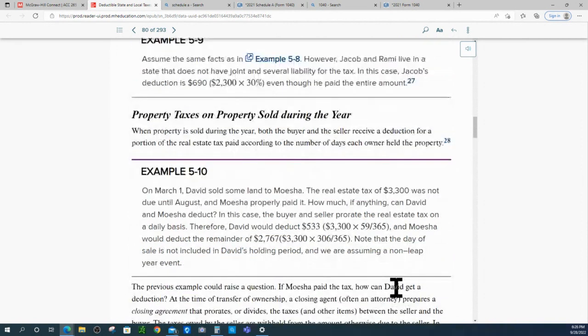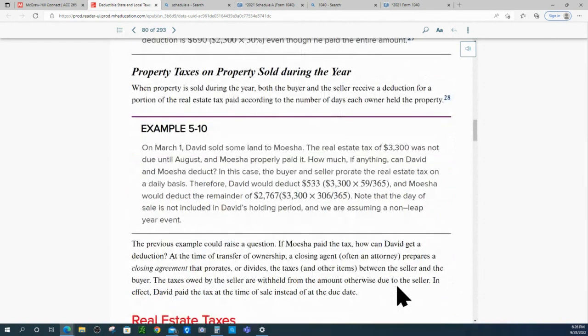Property taxes on property sold during the year. Remember I said you have to own the property and you have to pay the tax. Well, all the time, when you buy or sell real estate, there's a timing difference between when taxes are due and what period they're actually for. Like right now, property taxes are due in 2 days.